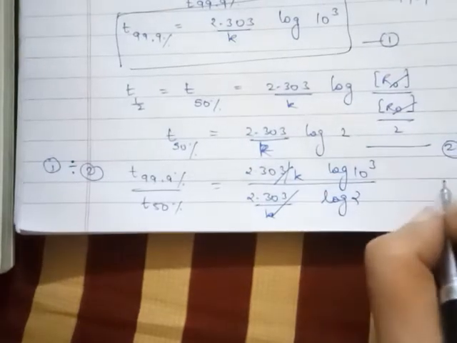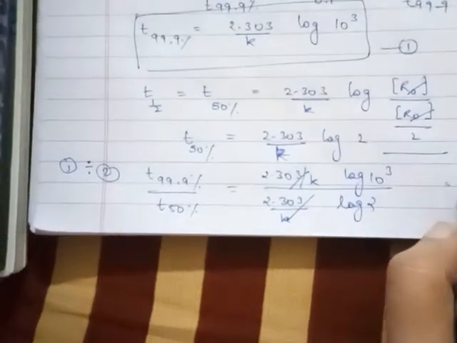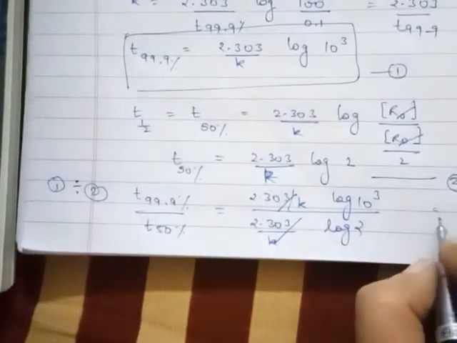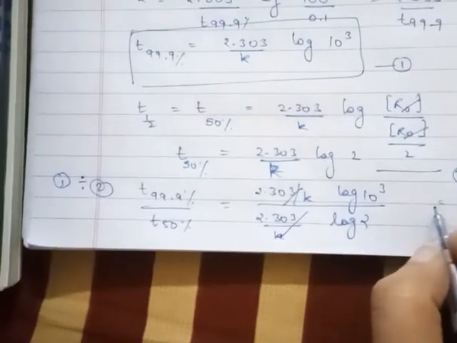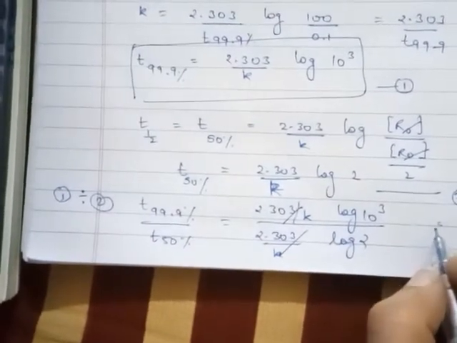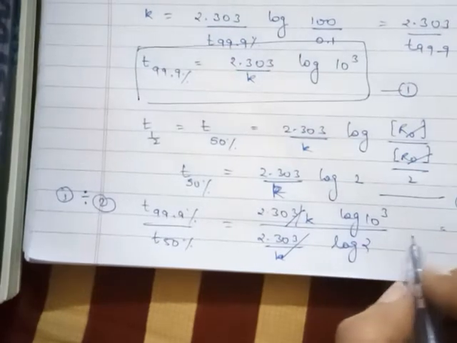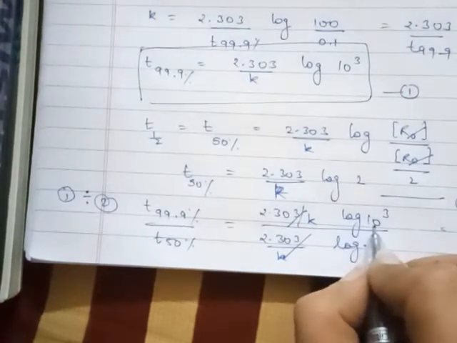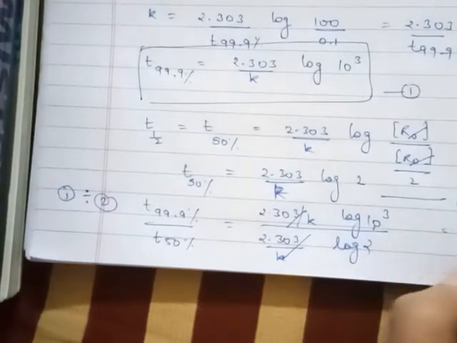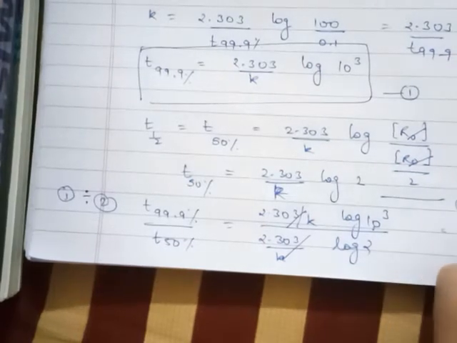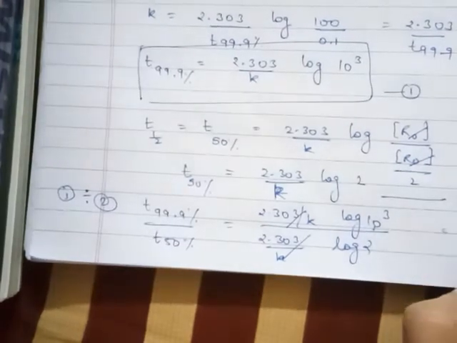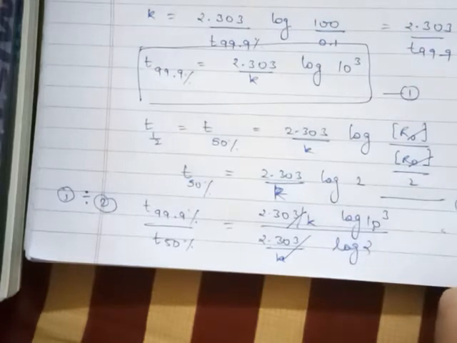This will cancel out. So you have log 2 left. ठीक है. So this is log 10 to the power 3. So this is 3 log 10 divided by log 2, which is 0.3010.